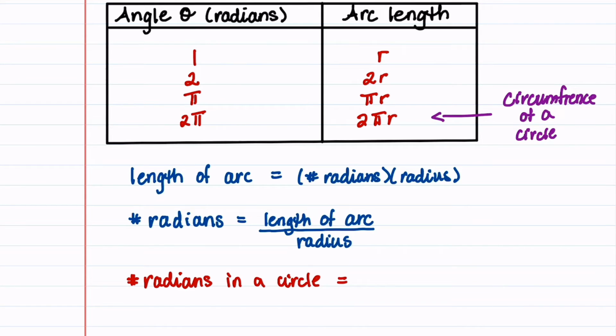So that tells us the number of radians in a circle is the length of the arc, which is the circumference, 2 pi r, divided by the radius, which is r. So that gives us how we come up with 2 pi radians in a circle. It's a little bit different of an approach, kind of looking at the equation rather than a graph.